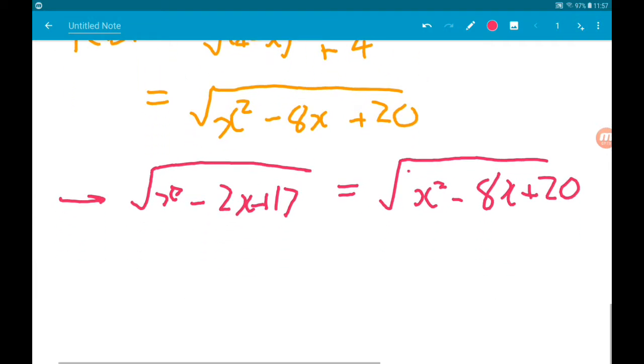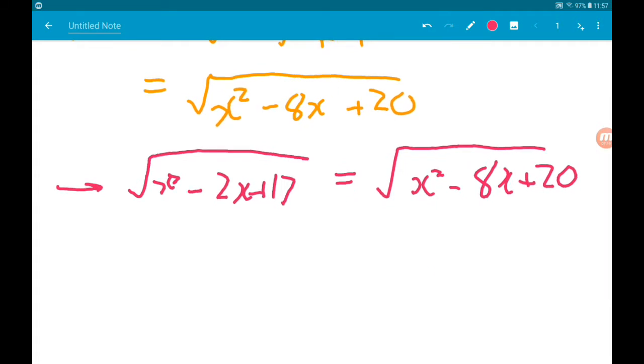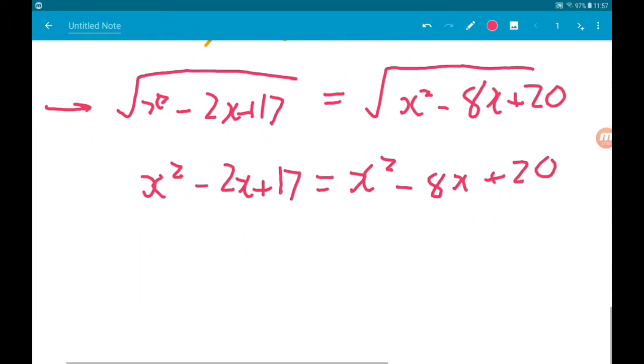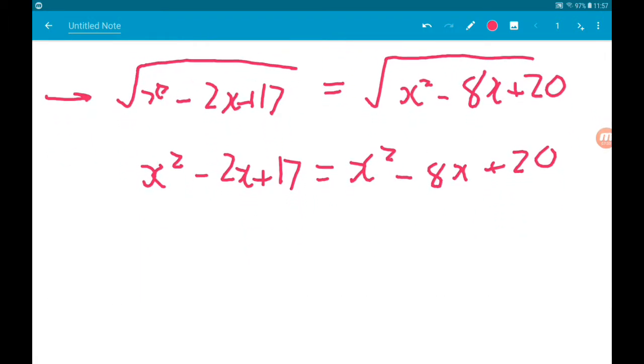Now we can square both sides. We can subtract x squared from both sides.